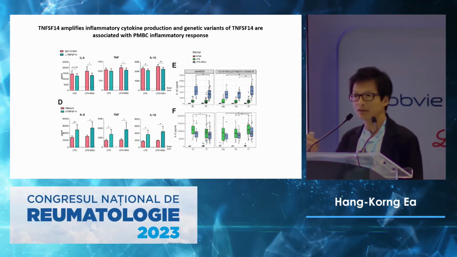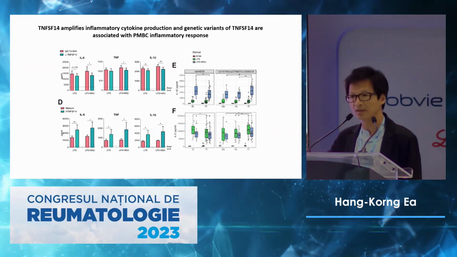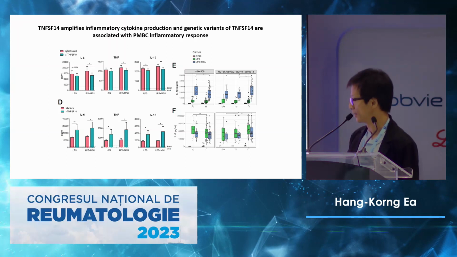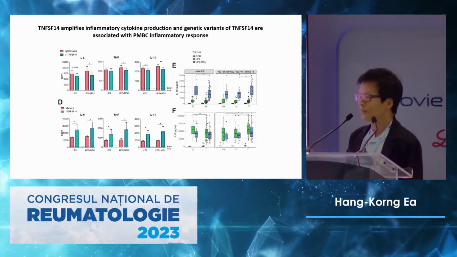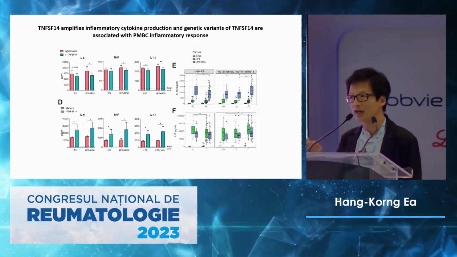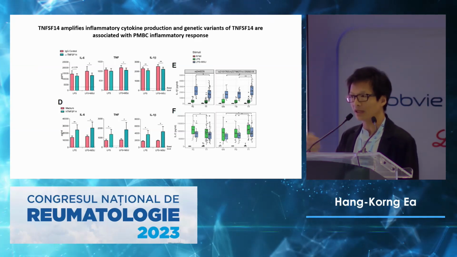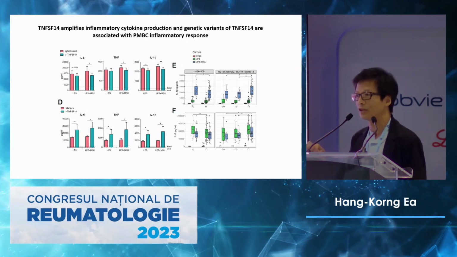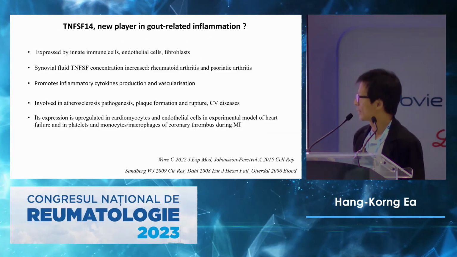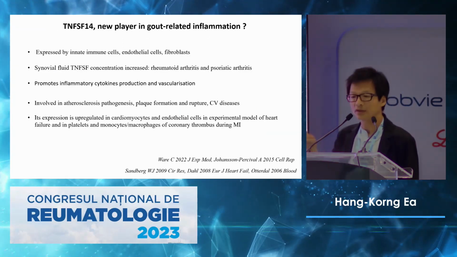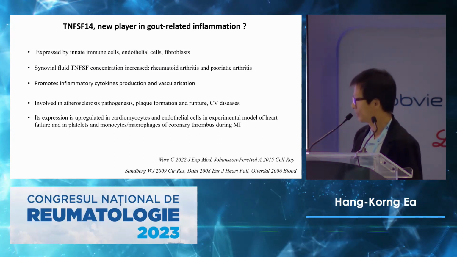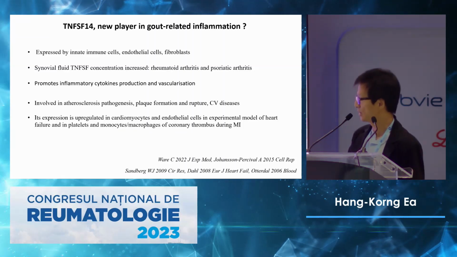On the contrary, when we use an antibody against this protein, we decrease the production of these inflammatory cytokines. And finally, we were able to identify some genetic variants associated with the capacity of production of these factors.